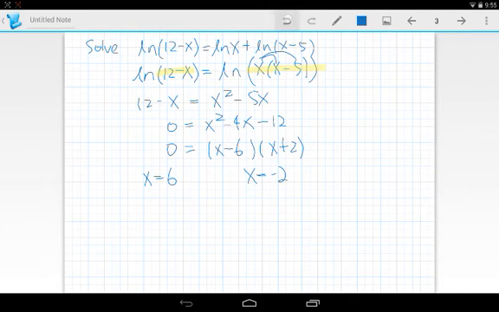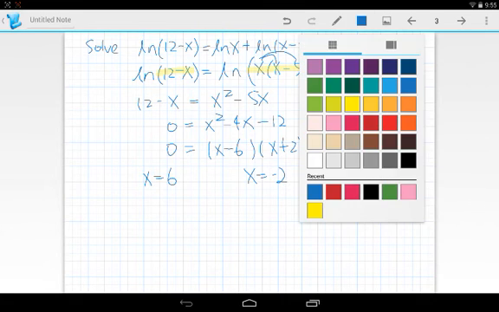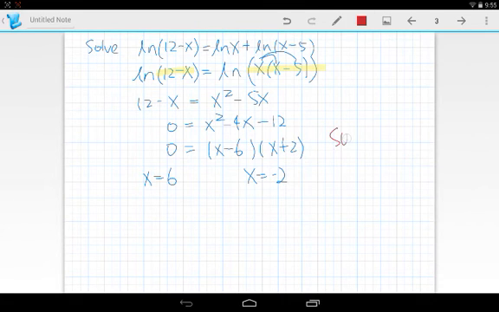Again, last step, sub and check. When x is equal to 6, I have ln of 12 minus 6, which is 6, that's fine. It's equal to ln of 6 plus ln of 6 minus 5, which gives me 1, so ln 1, which is good, no problem with that.